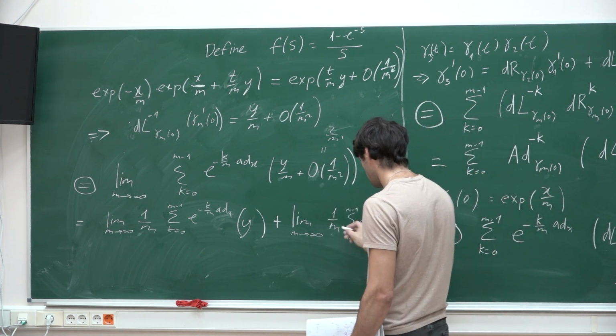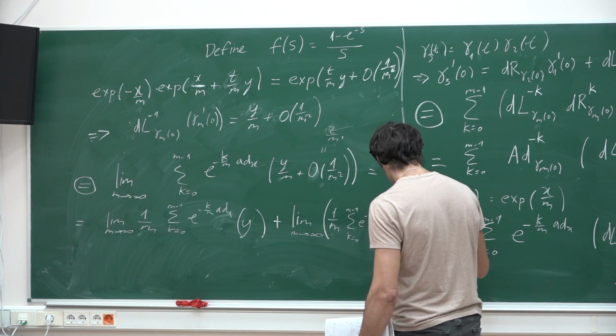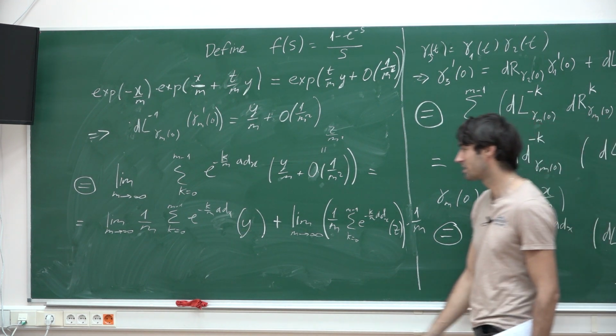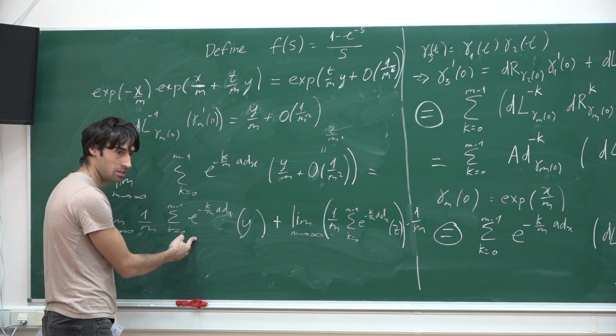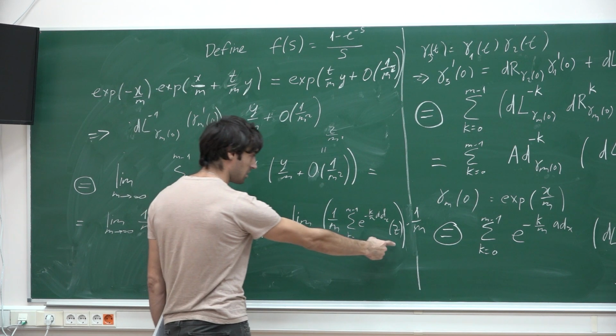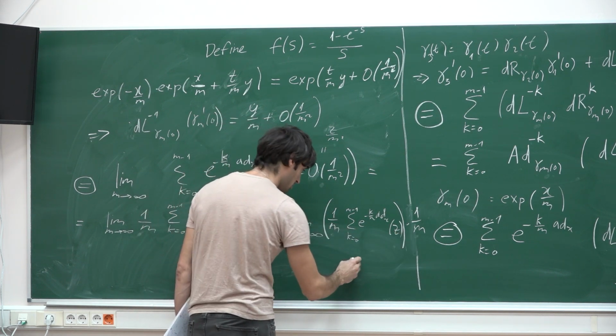So this is multiplied by another 1 over m. If this limit exists, then this limit is 0.